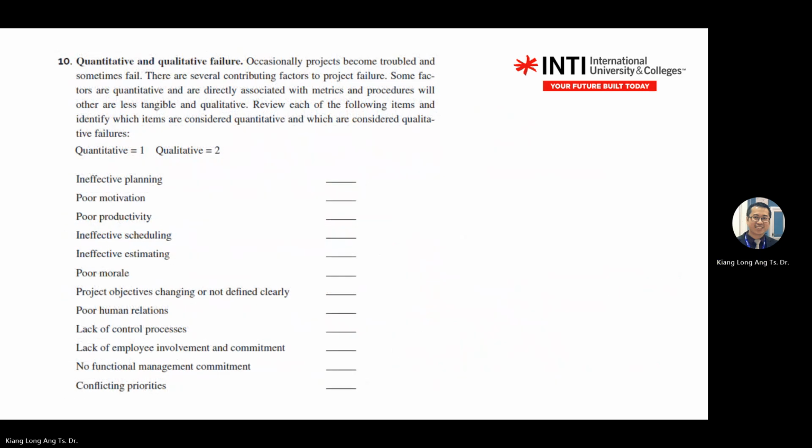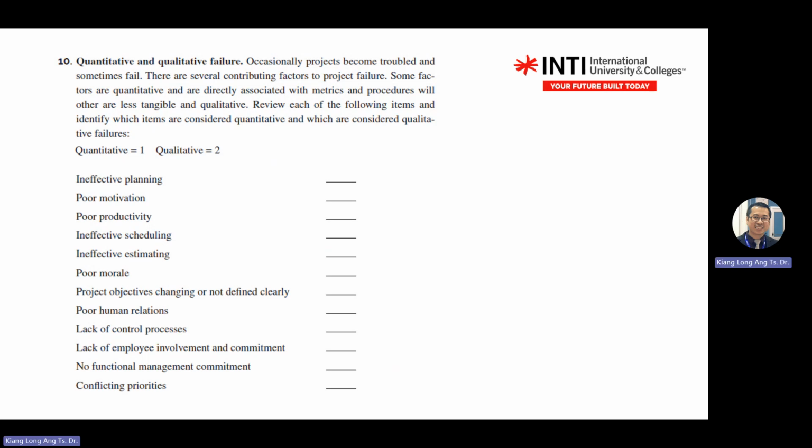Now this one is on quantitative and qualitative. These two words are important, also for your FYP. You should be able to know the difference between quantitative and qualitative. The base word of quantitative is quantity. Quantitative means things that you can measure, weigh, and analyze.